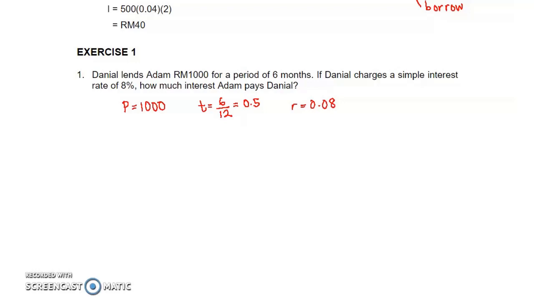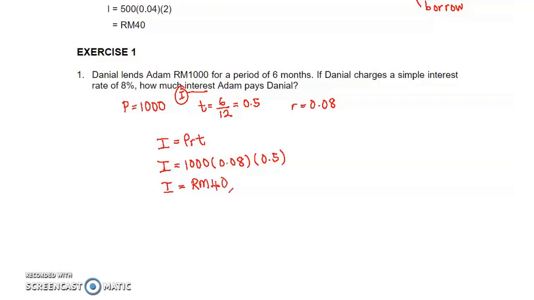We want to find value I. So we know I equals PRT. I equals principal 1,000, rate 8%, and T is 6 months, which is 0.5. If you use a fraction, also no problem. If you calculate this, the amount of interest will be RM40. For the amount of interest, you put RM.